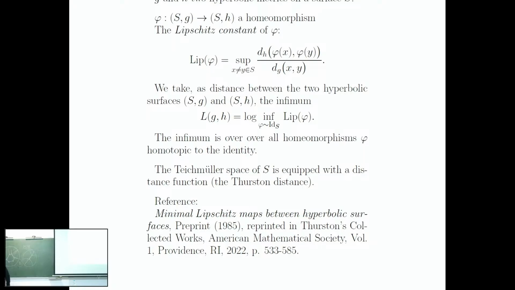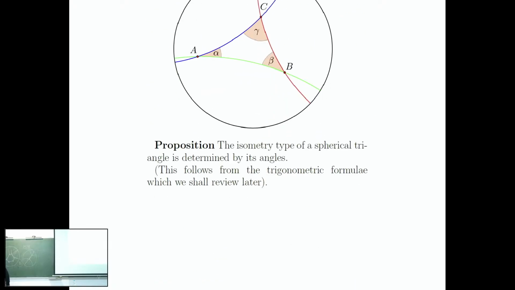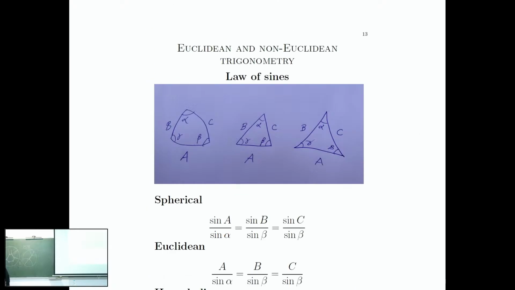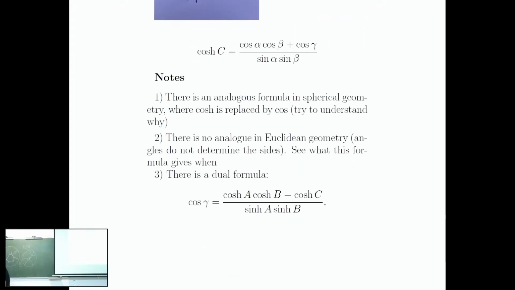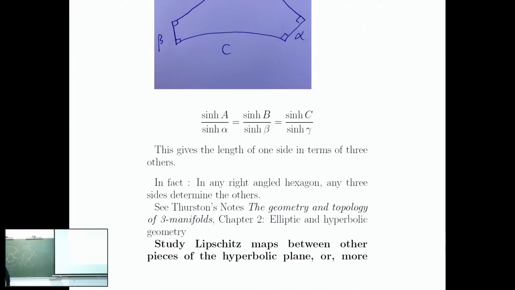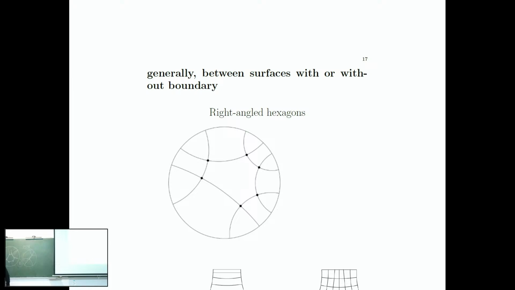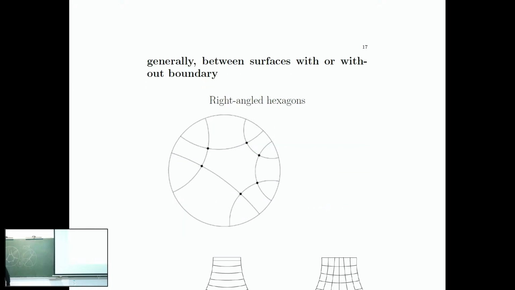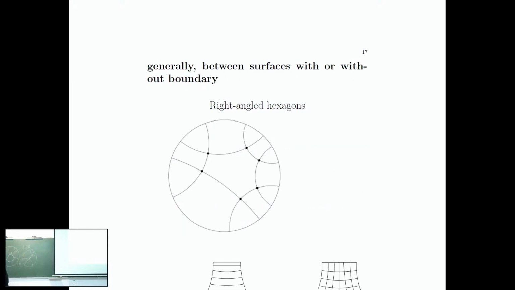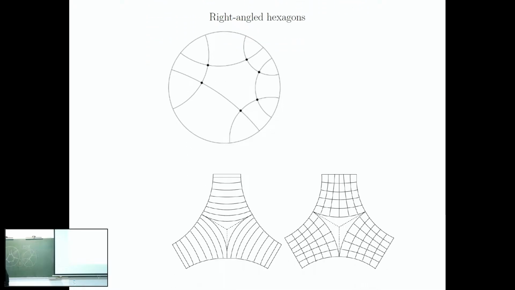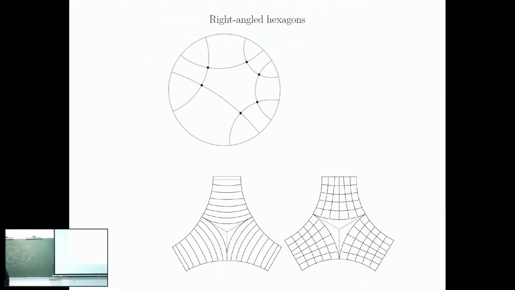Okay, this is Thurston's paper, which is my old slide. Duality. Okay, so now this is a right-angled hexagon. This is a right-angled hexagon. This is a right-angled hexagon.